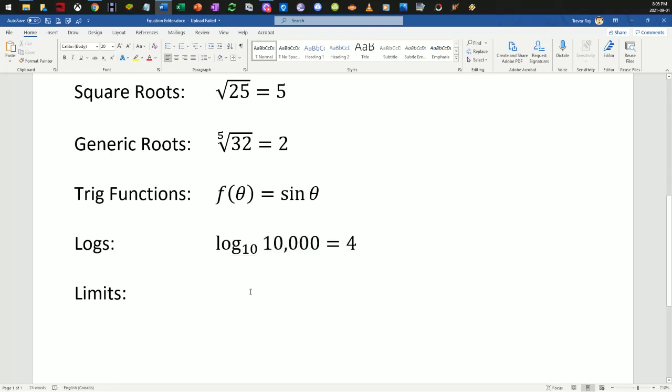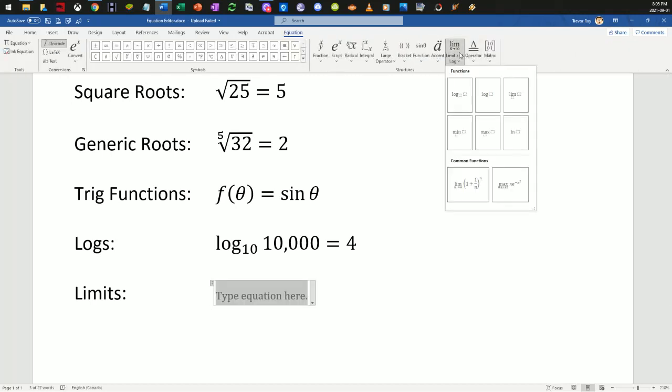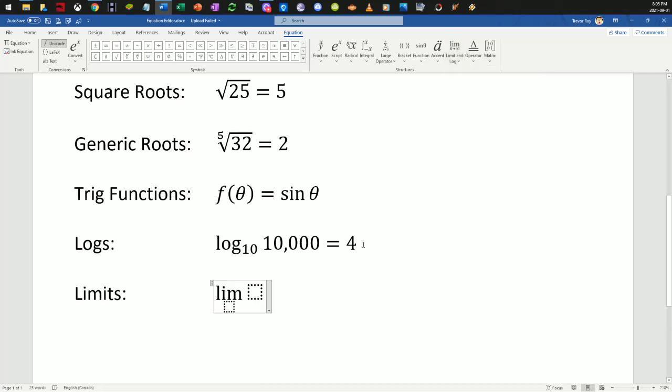Limits is really only going to be used in advanced functions in calculus, but it's a fairly common thing to use in those areas. So I'm just going to really quickly show you that you can insert a limit. If you're not familiar with the notation for limits, it's a little bit odd, but bear with me. You can do the limit as f at x plus h.